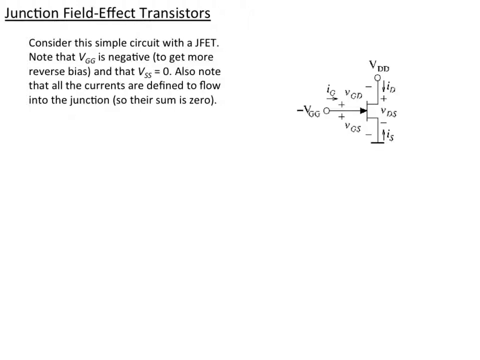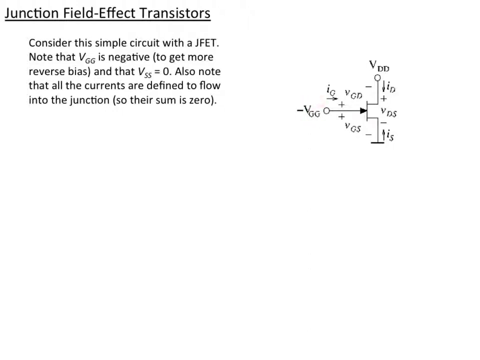So now let's consider the characteristics of the JFET in circuits. I've labeled the transistor here with 2 voltage sources, actually 3, and note that the source is connected to ground, so VSS, as we would call that voltage source, is 0.